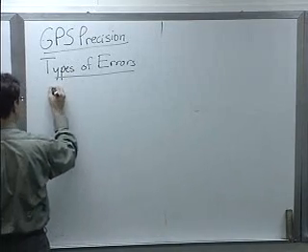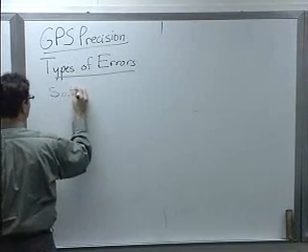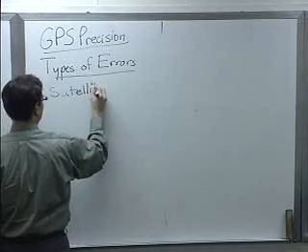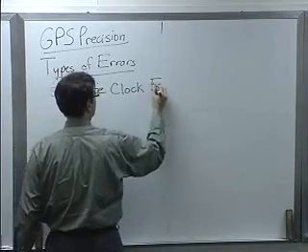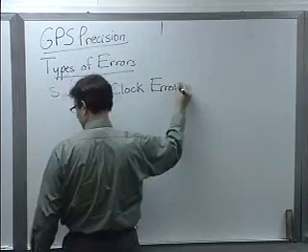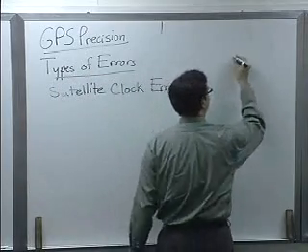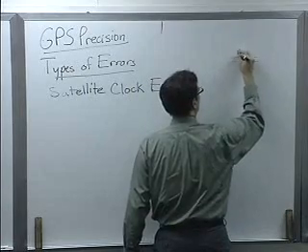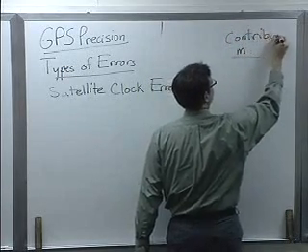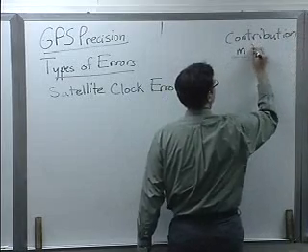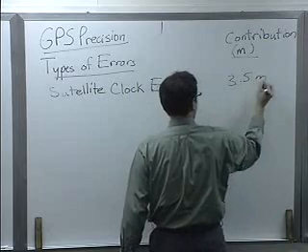One is satellite clock errors. And in the absence of any other error, its contribution would be about 3.5 meters.